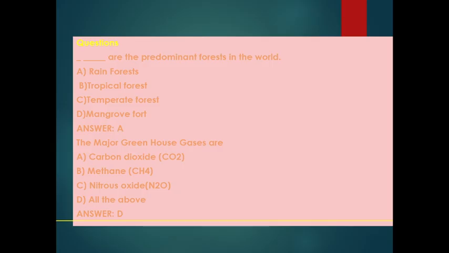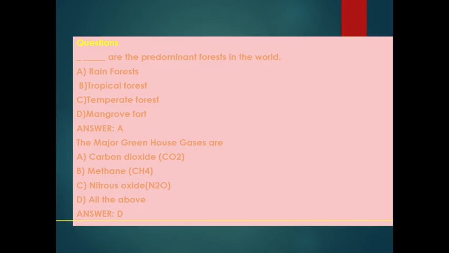About two-thirds of the earth was covered by forests about 100 years ago, but now the proportion of forest is only one third. So the question is, dash is the predominant forest in the world. Here the dominant one, the rainforest, is the correct answer. Otherwise, geographically we have different forests.